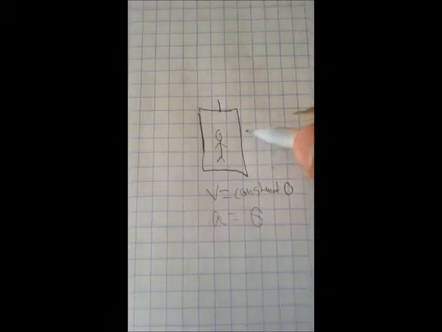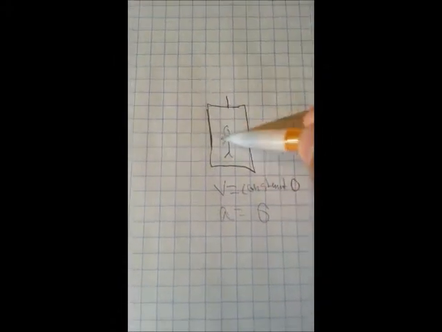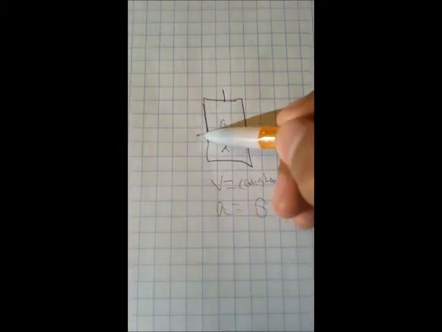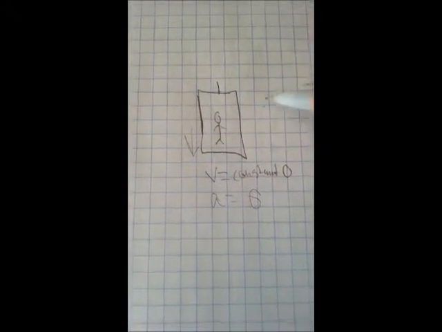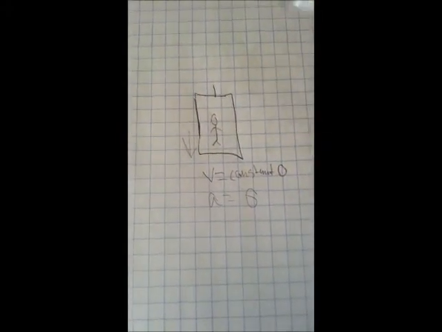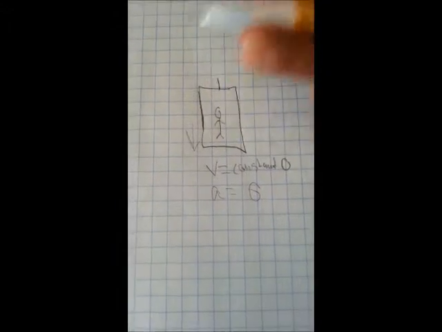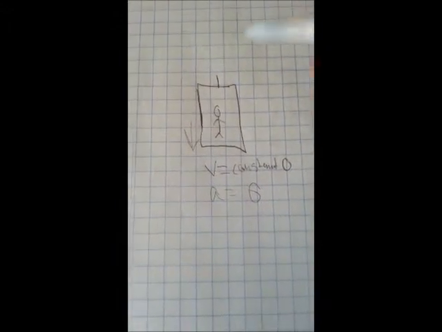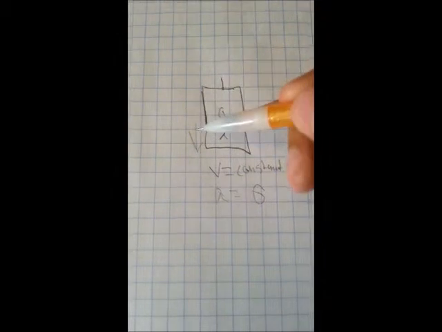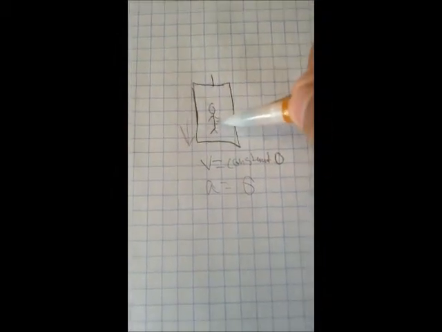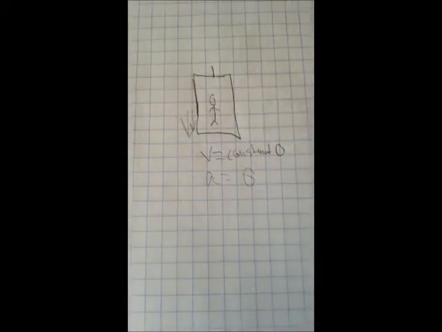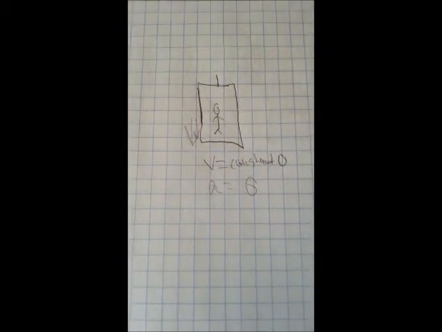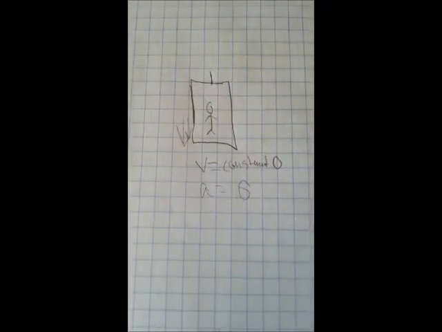So what happens here is I remain stationary and I don't just fall straight through the ground. This is because of the second law, where there's a normal force acting here, and I have a force going down, which is my force due to gravity, my mass times gravity.